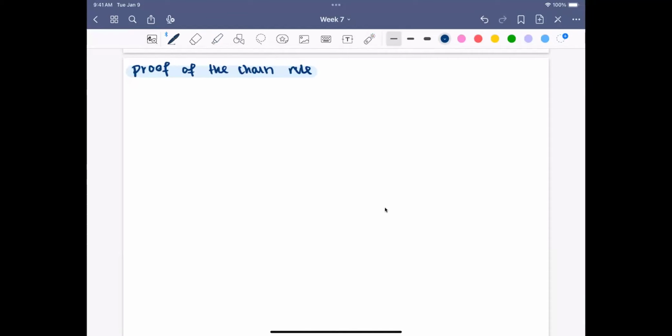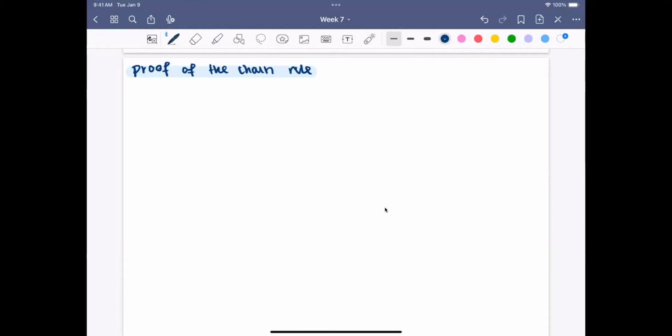The proof at the full level of generality is kind of difficult. It's maybe more difficult than you would expect. So we're just going to prove a special case.